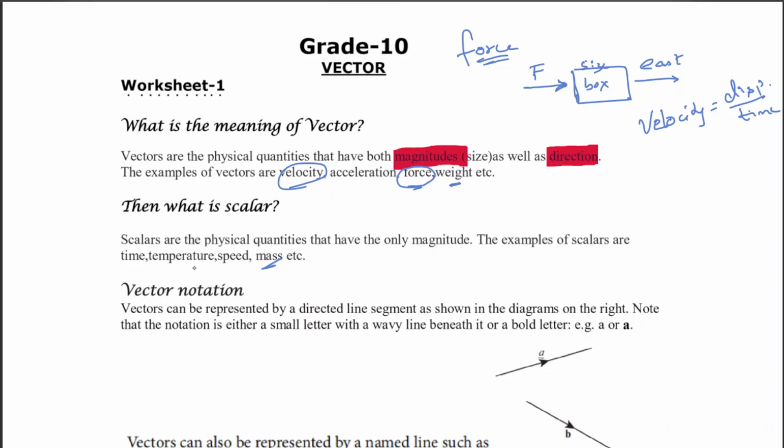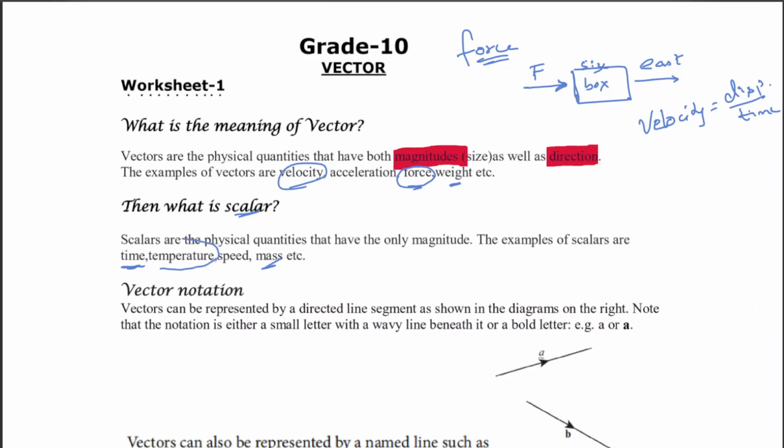Okay, see here, I gave you an example of time also. You know that time is a scalar quantity, because time only has magnitude, it doesn't have any direction. We can't say that time goes right or left, right? Time has magnitude only.